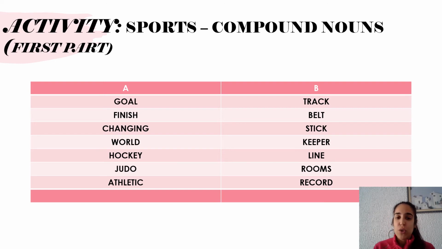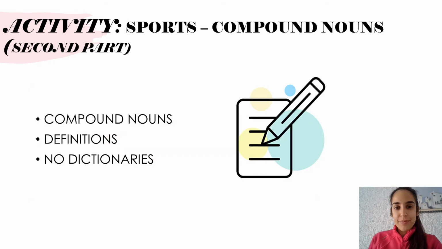No. They're going to use Word Neighbors in order to check the answers. So they have to type the words they think make the compound noun. For example, go track, go well, and so on, until they find that the correct answer is goalkeeper. Once they have all these matches, we will move on to the second part of this activity.